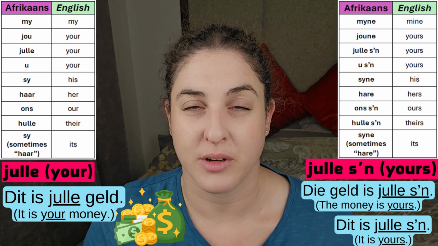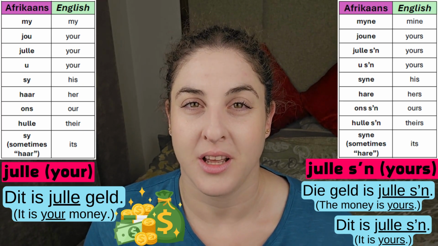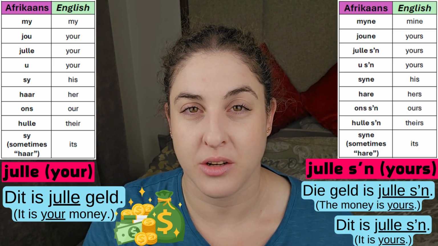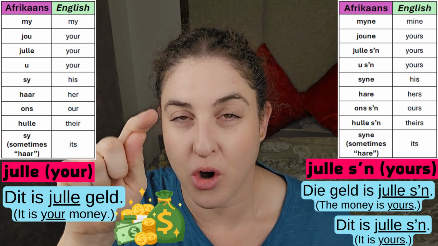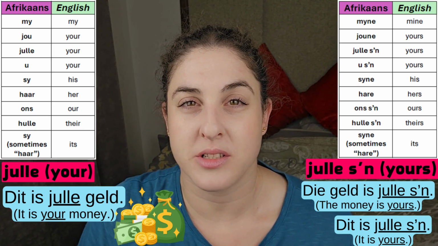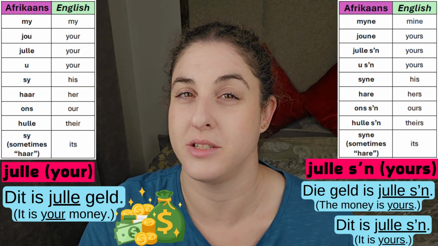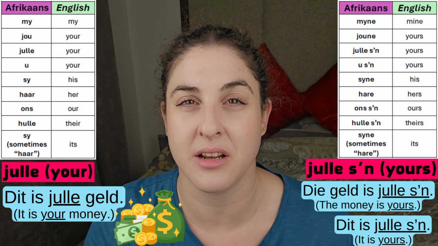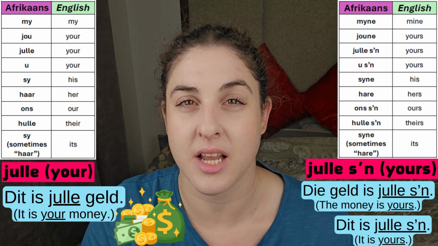Now in Afrikaans we have a couple of possessive pronouns that have this form: "julle sin", "hulle sin", "ons sin", "u sin". That 's-n' is pronounced "sin", like the word sin for your sins in English, or the word "sin", which is the Afrikaans word for sentence, S-I-N, sin.